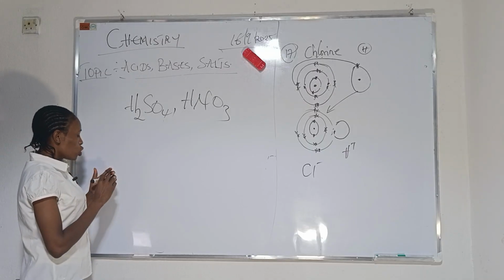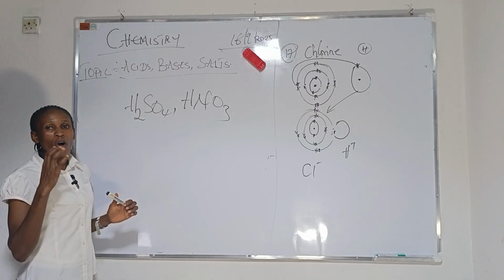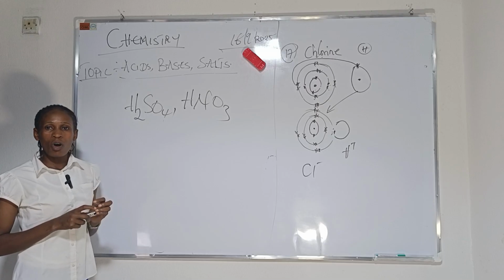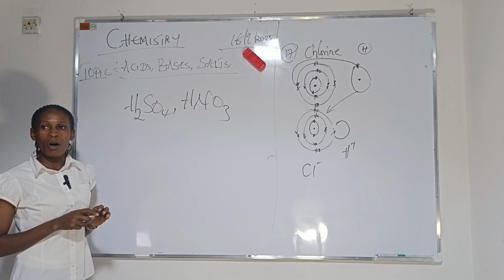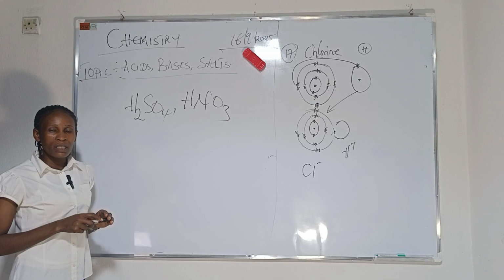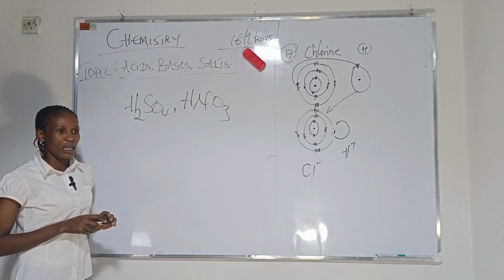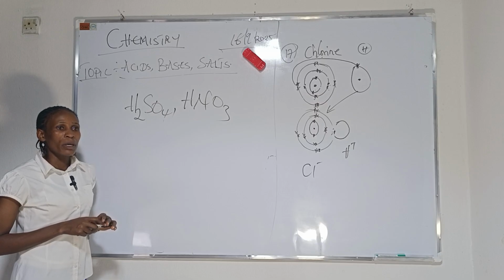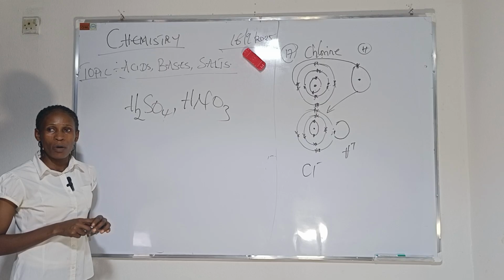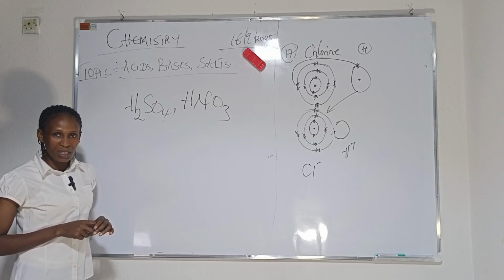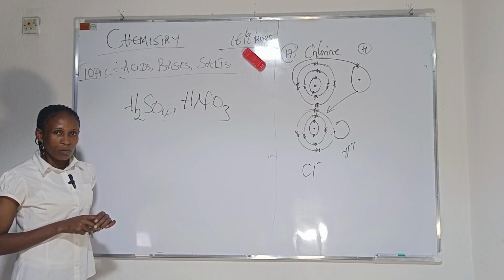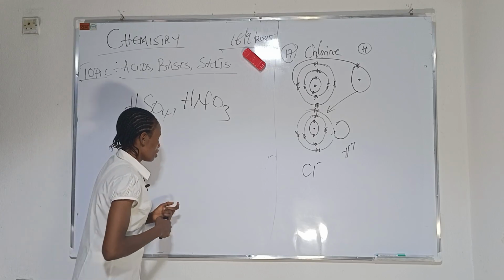One thing you must know to be able to name your compound very well is what we call oxidation number. Please, as you are learning your chemistry, always take note of this: atomic number, atomic masses, and oxidation number. These are things that will help you name your compounds, most especially in chemistry subjects.